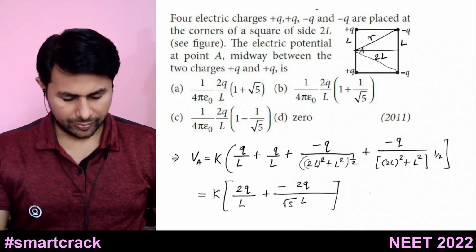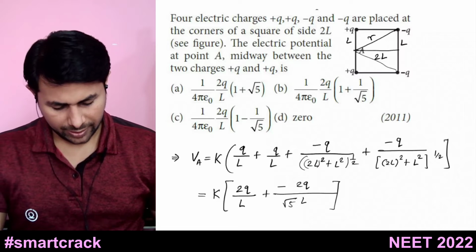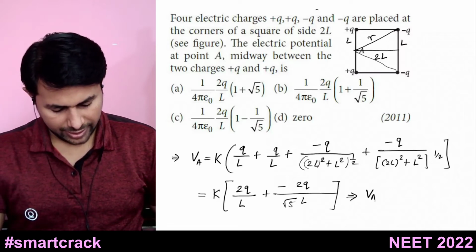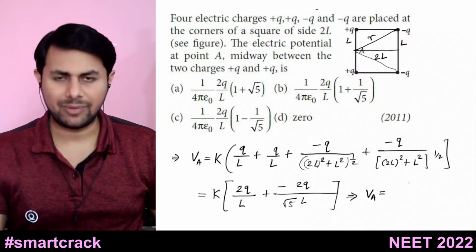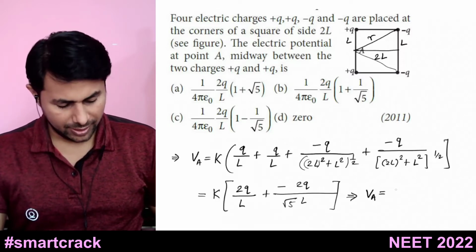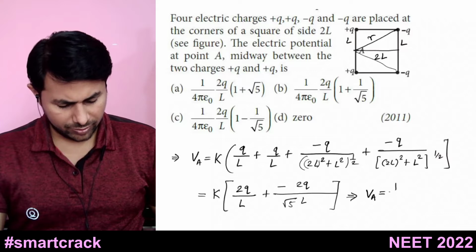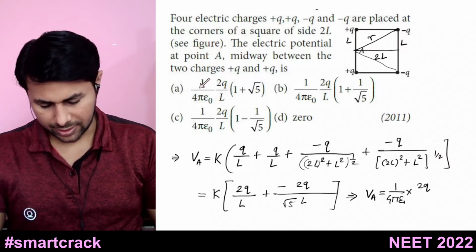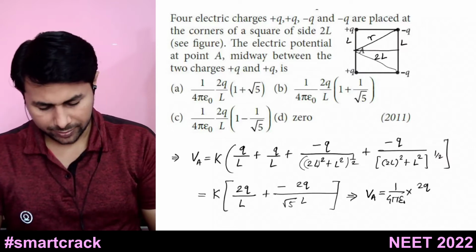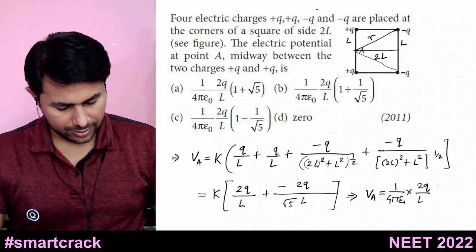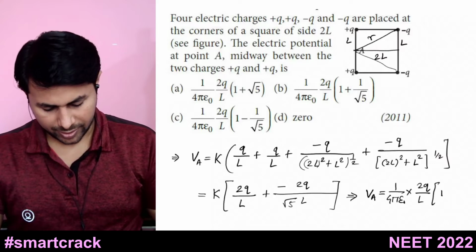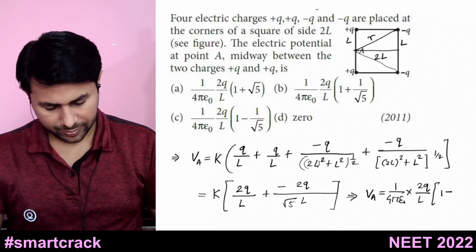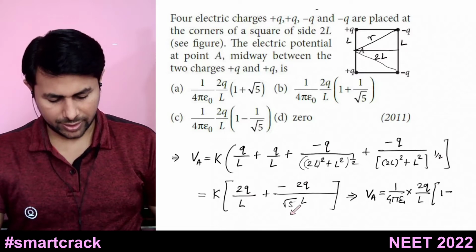So again we can take everything common. By everything I mean 2ql we can take common, so k times 2q, that is 1 upon 4 pi epsilon naught times 2q, because in the options it's 1 upon 4 pi epsilon naught, 2q over l, multiplied by 1 from the first term, and from the second term it's minus of 1 over root 5.